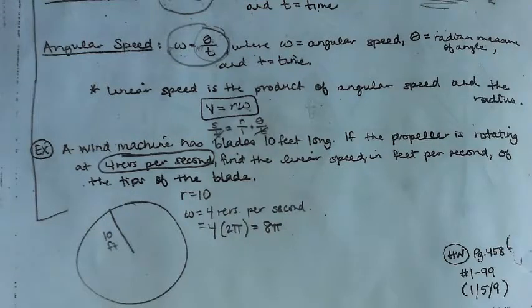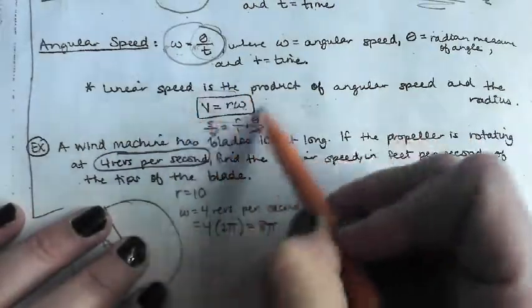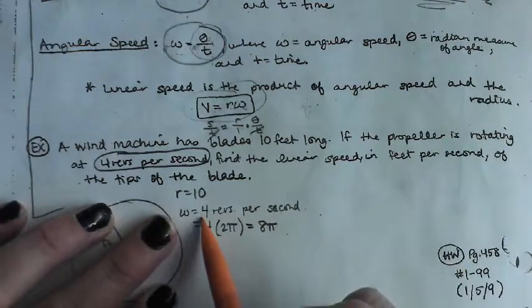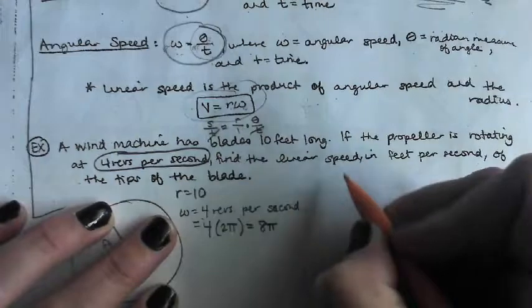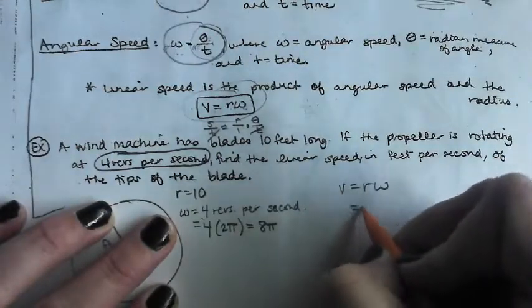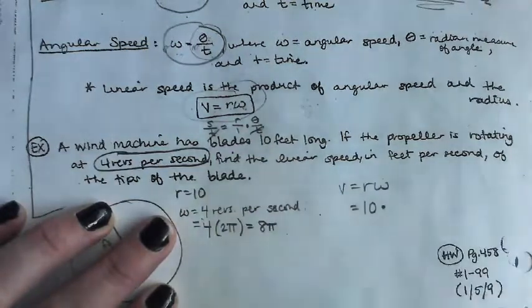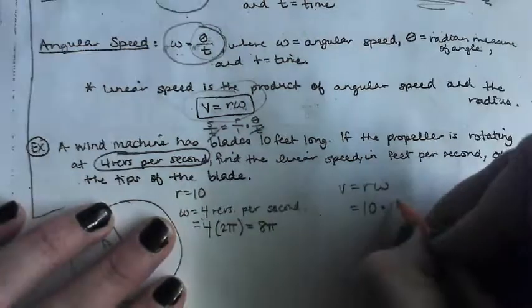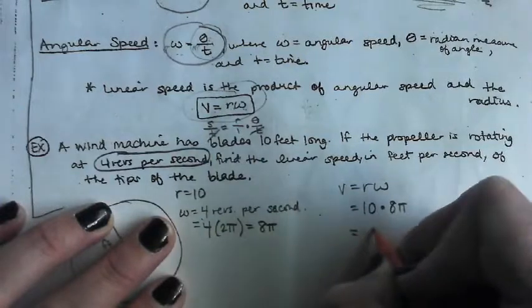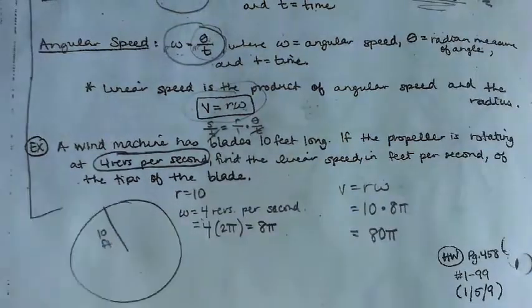Find the linear speed. So using this shortcut here, V equals RW, your R is 10, and your angular speed is 8 pi. So your velocity is 80 pi feet per second.